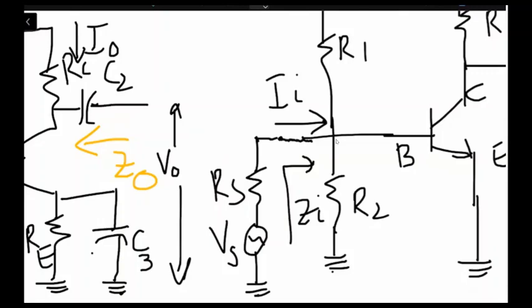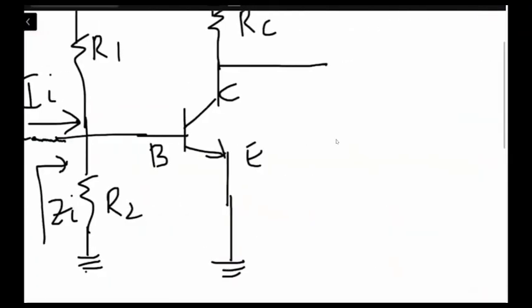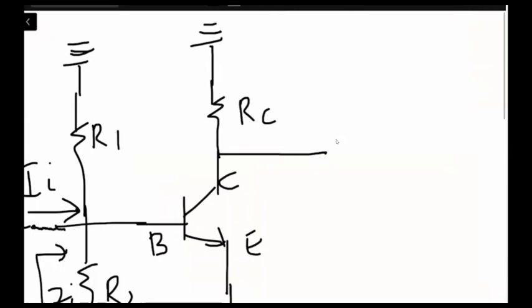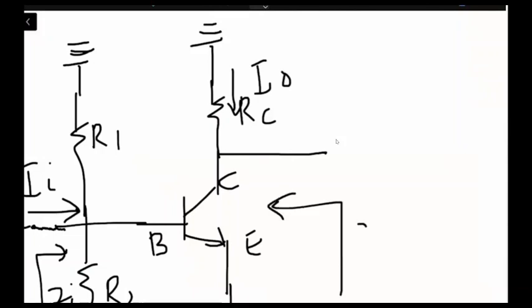Looking from this side, the current flowing is Io, and we have Zo, which is the output impedance, and the output current flowing out. Okay, are you with me?